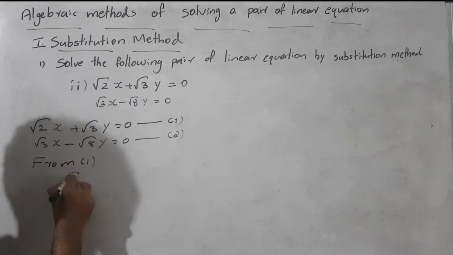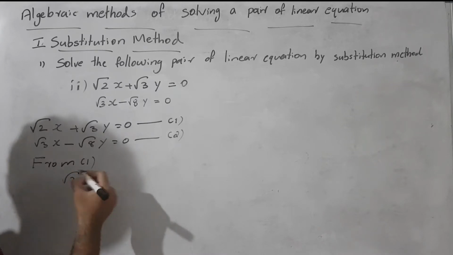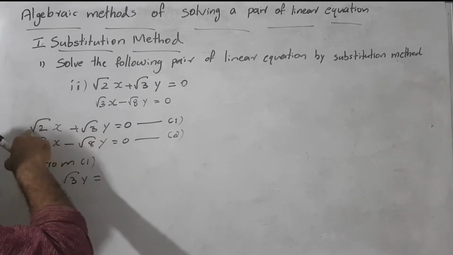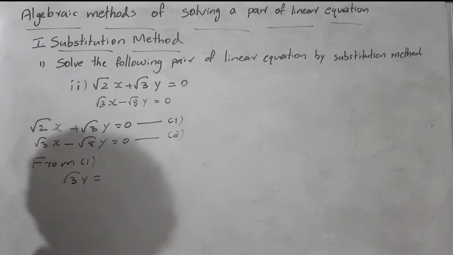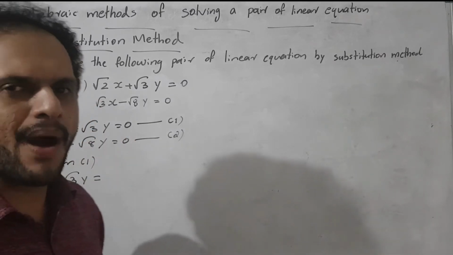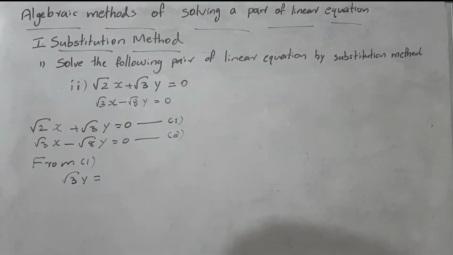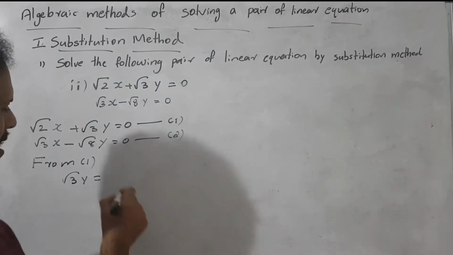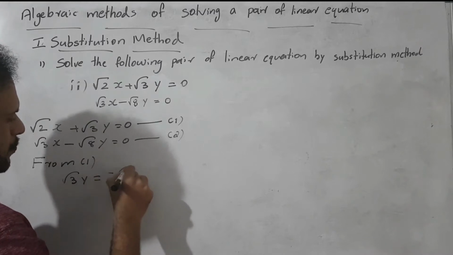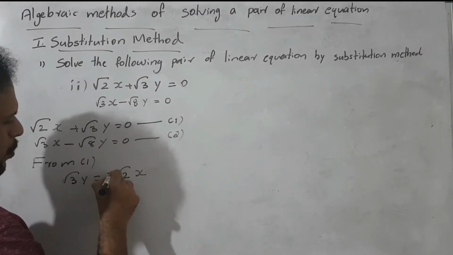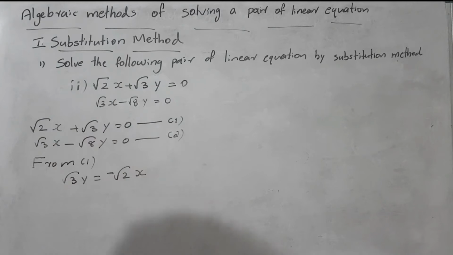Then root 3y is equal to, I transpose root 2x to the right side. What is the change? It is minus: 0 minus root 2x, which means minus root 2x.